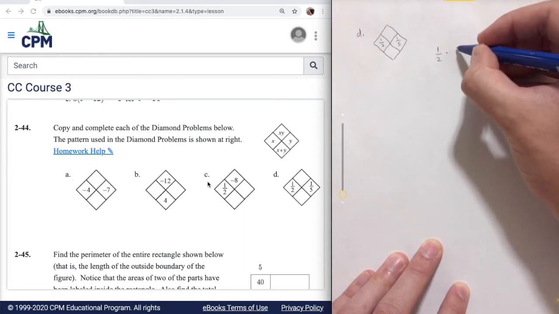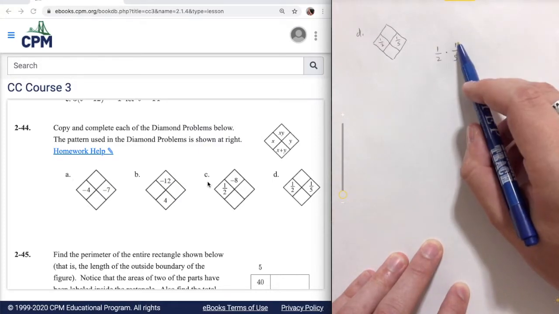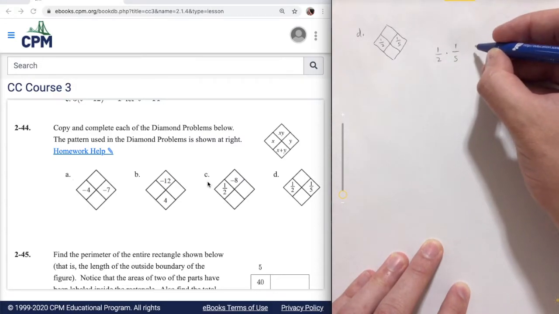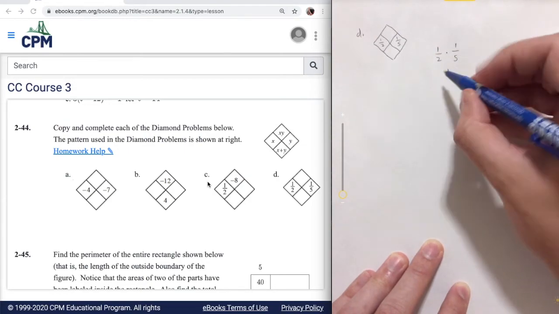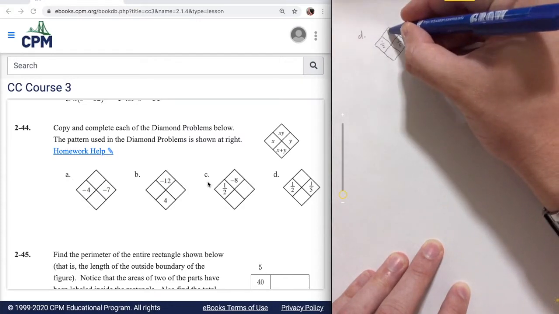You want to do 1/2 times 1/5. You can simply multiply the top and multiply the bottom. So 1 times 1 is just going to be 1, and 2 times 5 is going to be 10.